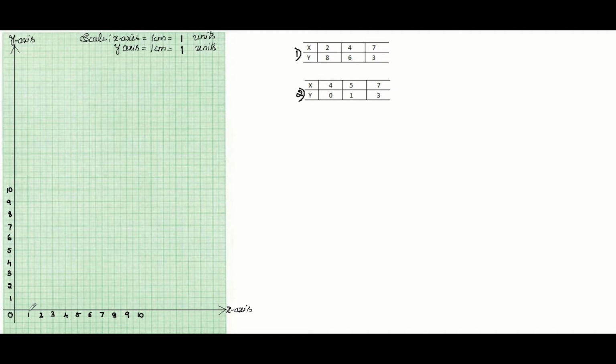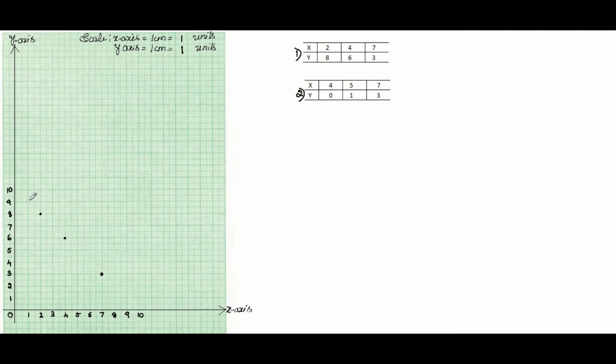First point is for x coordinate 2, y coordinate is 8. So 8 is here. So this is the point, that is (2, 8). Next one is for x-axis 4, y-axis is 6. So this is (4, 6). Next is (7, 3). For x-axis 7, y-axis is 3. So this is the (7, 3) point.